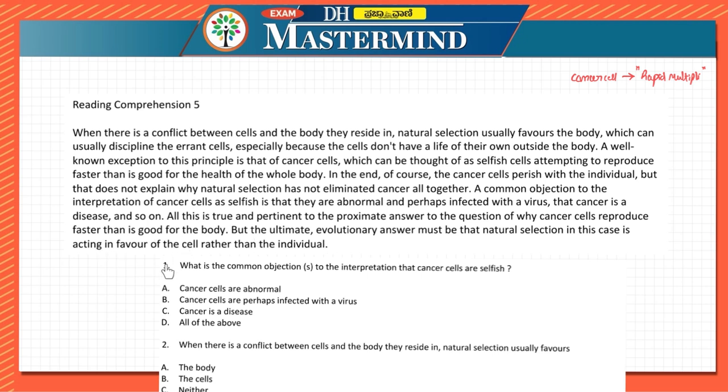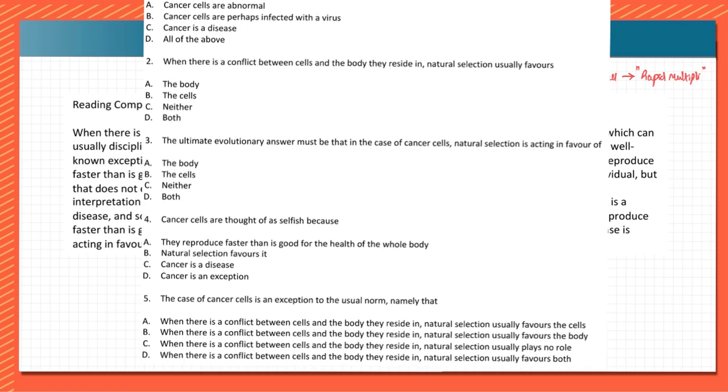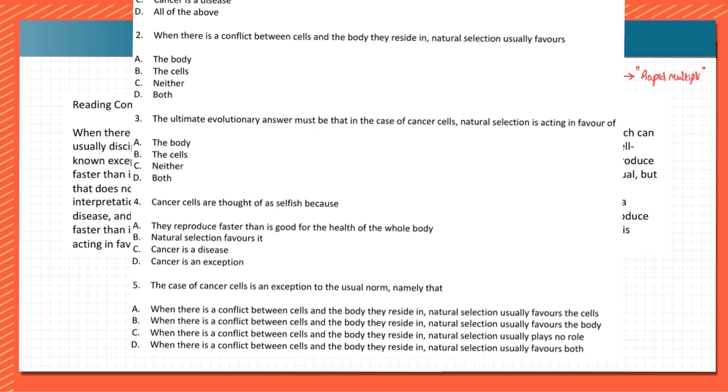That answers the third question. It is not the body, correct? It is the cells, because they are telling us it is in favor of cancer cells. That is the evolutionary answer for cancer cells. In this case it is acting for the cells, but normally it is acting for the body.